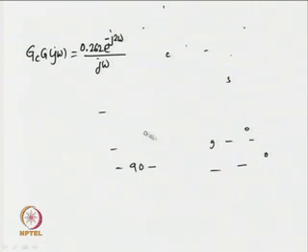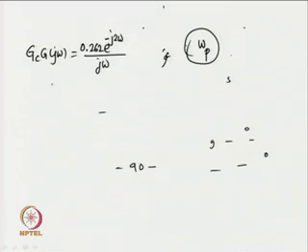That can be obtained by finding the phase. So, we will define one more parameter, the phase crossover frequency omega p, which is defined as the frequency at which the system phase will be minus 180 degree.